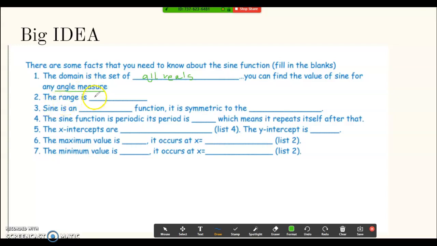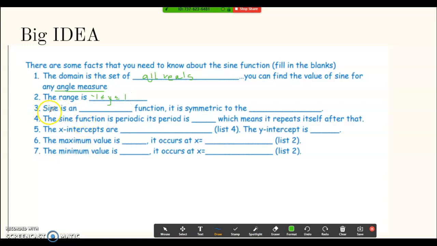Now if we talk about the range of the function, this is the y value, how high up it goes and how far down it goes on the y-axis. We know that the sine only went as high as 1 and as low as -1. So our y value is from -1 to 1.